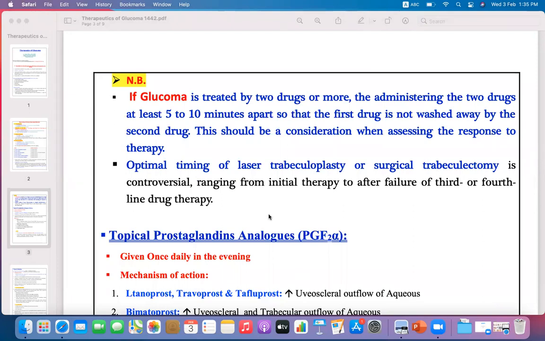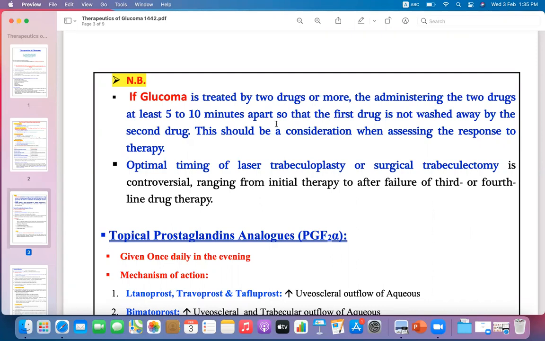If glaucoma is treated by two or more drugs, the administration of the two drugs should be at least 5 to 10 minutes apart. You have to give a gap between the two drugs. So what will be the benefit?